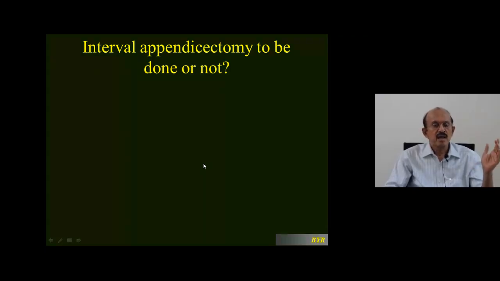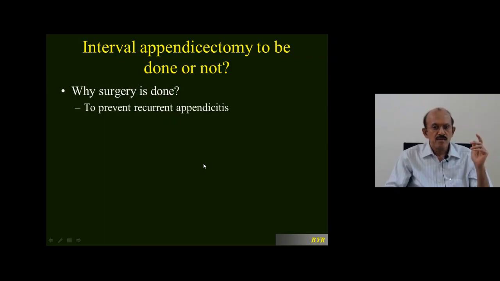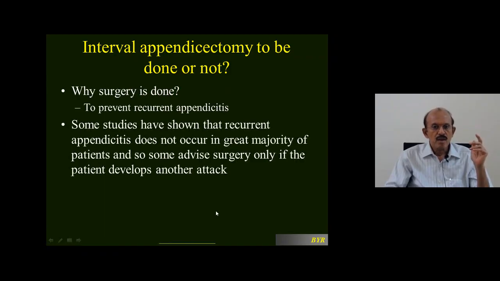And they found that recurrent appendicitis does not occur in the great majority of the patients. So some advise surgery only if the patient develops another attack. But this is only one school of surgeons' thought, not the general philosophy.